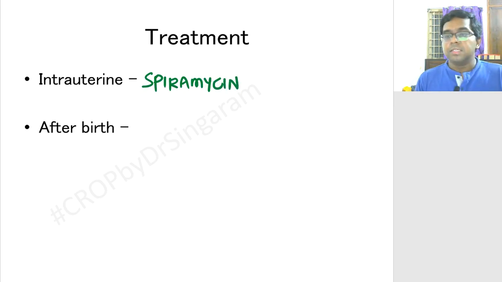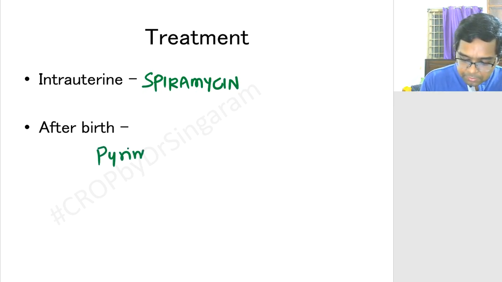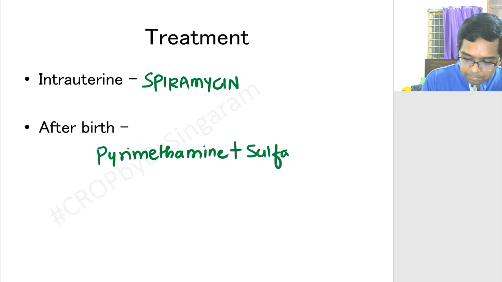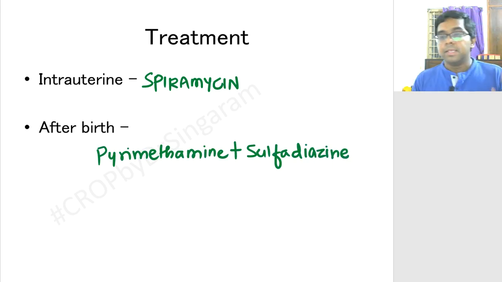Now, after birth, if they ask you what is the treatment, it is a combination of pyrimethamine and sulfadiazine. You all know that whenever pyrimethamine is given as treatment, it has a tendency to produce folic acid deficiency.